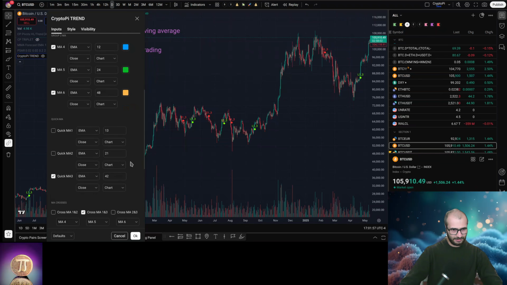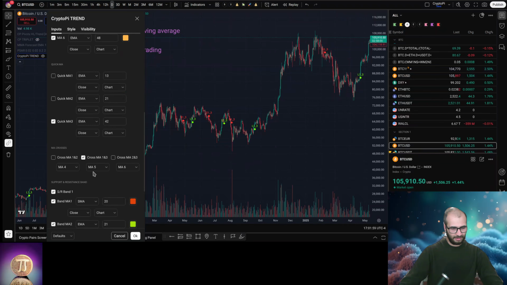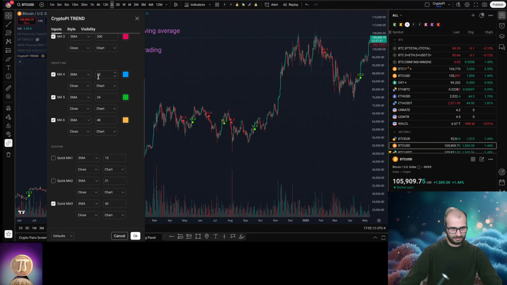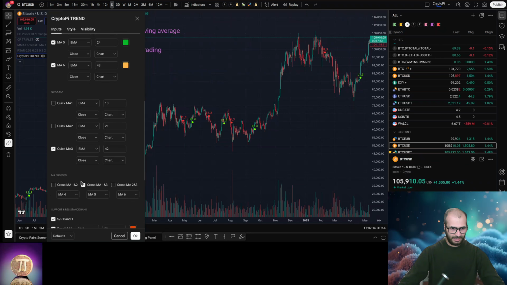That basically means it's the crossover between the moving average which is selected in the first option and the third option. Here the first option is MA4, and that would be this one, that is a 12 exponential moving average, and MA6, that is 48 exponential moving average.